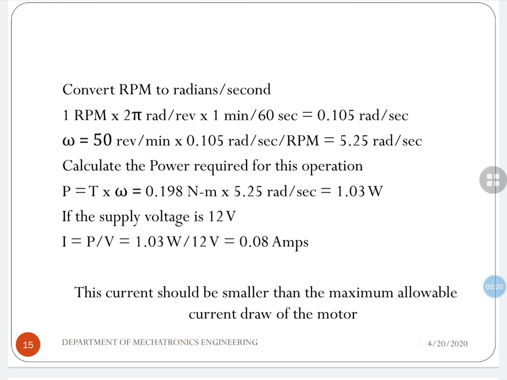If the supply voltage is 12 volts, I is equal to P by V, so 1.03 watts divided by 12 volts is 0.08 amps. So the maximum current to drive the robot is 0.08 amps if we consider a 12 volt battery and 5 kg payload at 50 rpm, which is 5.25 radians per second.